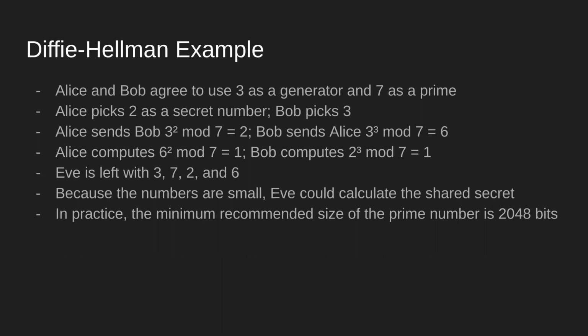You can multiply it by itself log of that number many times, by squaring it repeatedly. That allows you to exponentiate with very large numbers without having to do a huge number of multiplications. But going the other way requires doing that, and so that's what creates the imbalance in calculations, which makes the function a one-way function.